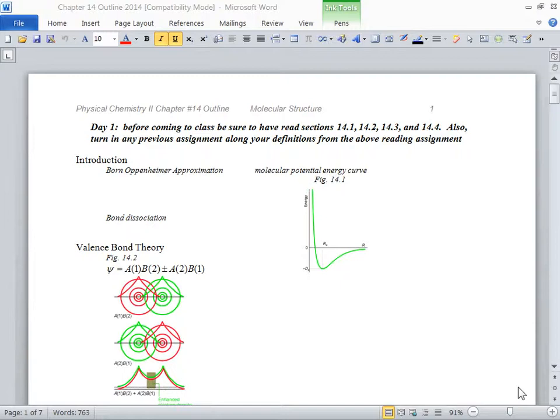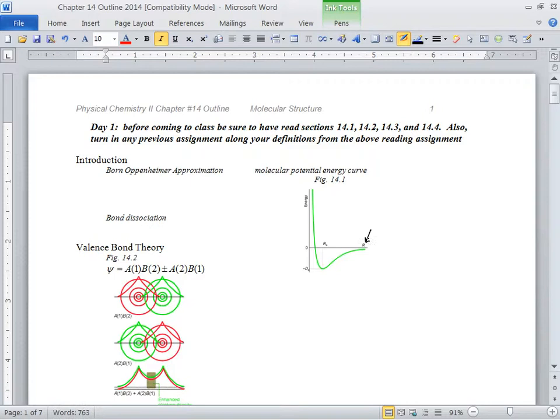So this is what the Born-Oppenheimer approximation is all about: we're going to fix the nuclei position. This is just a diatomic molecule, so that distance is this r.